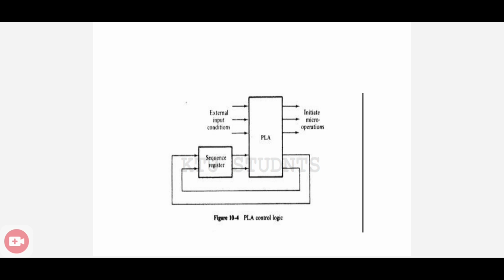Here there is an external sequence register. It represents the present state of the control unit, and the PLA output determines which micro operation should be initiated, depending on the external input condition and the present state of the sequence register. Other PLA outputs determine the next states of the sequence register.